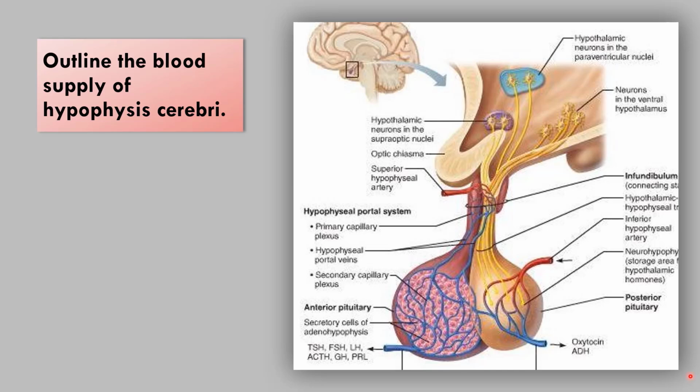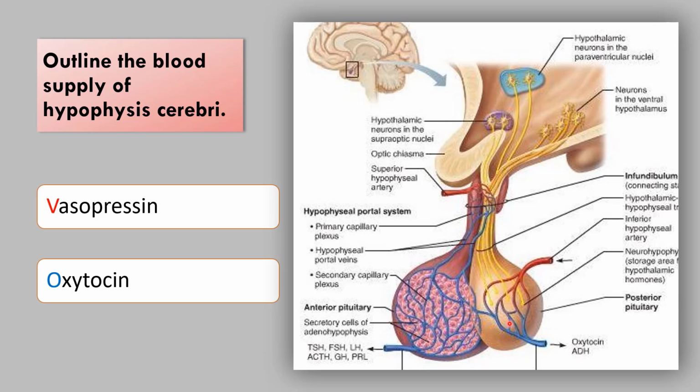Let us look at how the posterior pituitary secretes oxytocin and vasopressin. As the posterior pituitary is in direct communication with the nervous system, the axons reach all the way here. For example, axons from this group of nuclei and this group of nuclei reach all the way down through the infundibulum into the posterior pituitary.